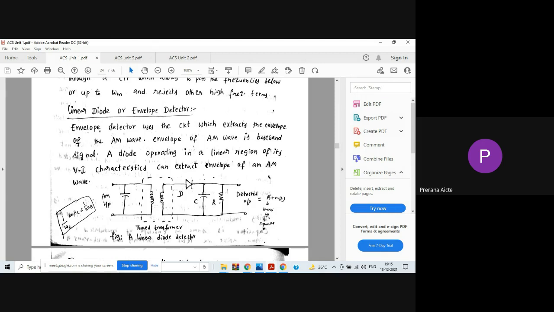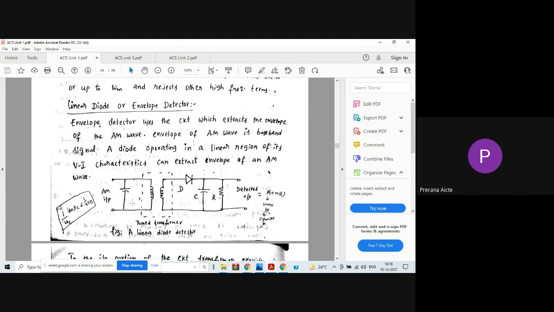The envelope of the AM wave is nothing but the message signal. See here, we are applying the amplitude modulated signal, which is applied to a transformer. It allows only the low frequency signal and eliminates the high frequency signal.